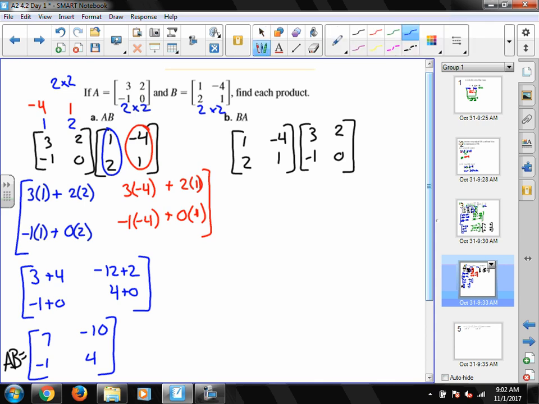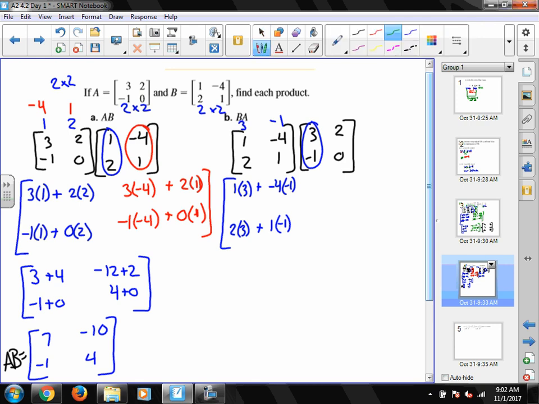Again, I'm going to multiply this column. I'm going to move it up top, 3, negative 1. So I'm going to get 1 times 3, 2 times 3, plus negative 4 times negative 1, and plus 1 times negative 1.